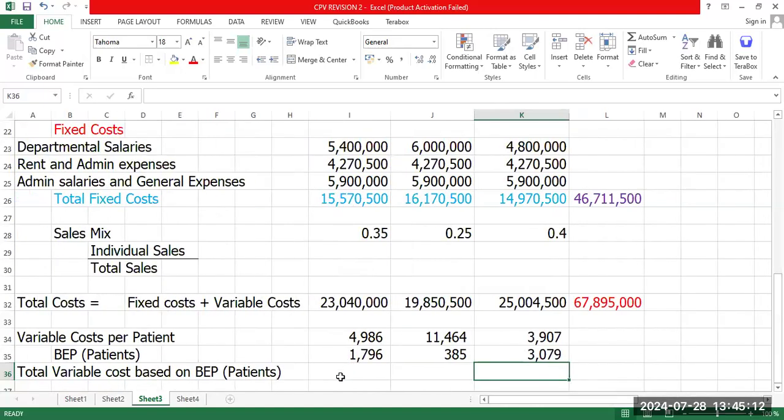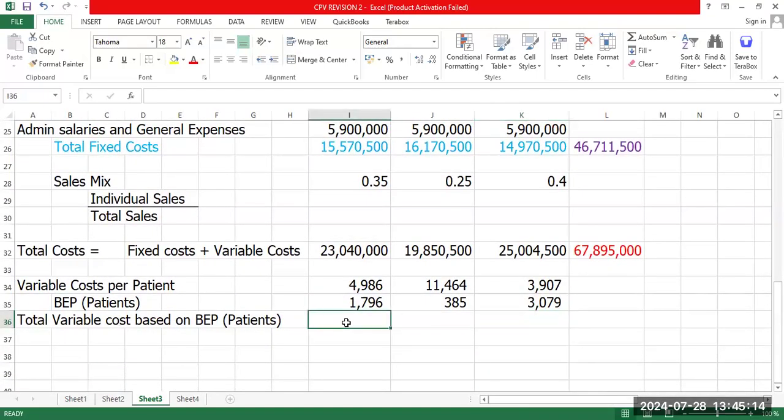After that, to get total variable costs, I multiply by this. That will be my total variable cost.